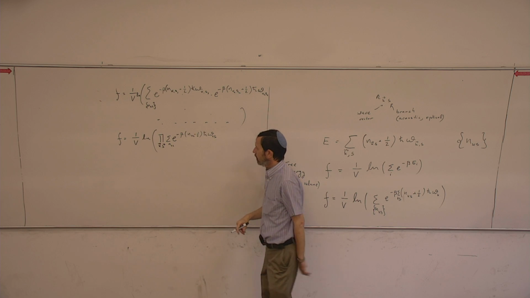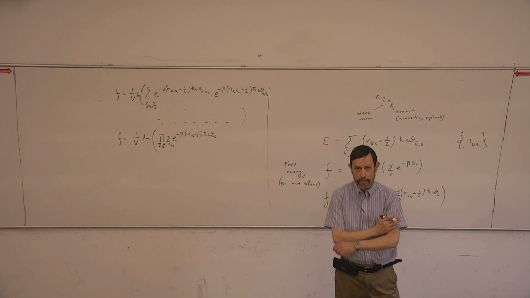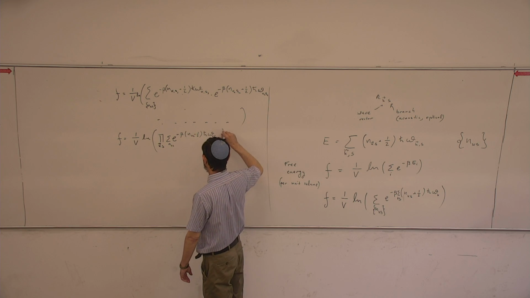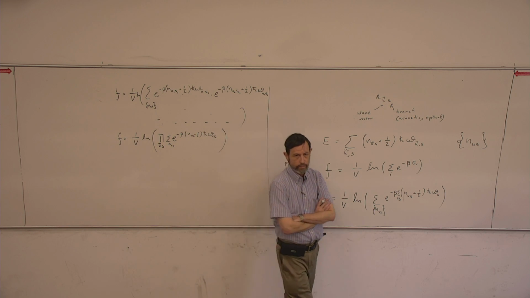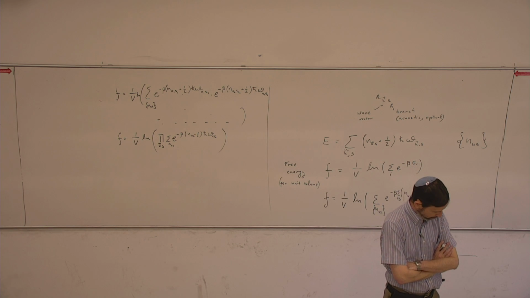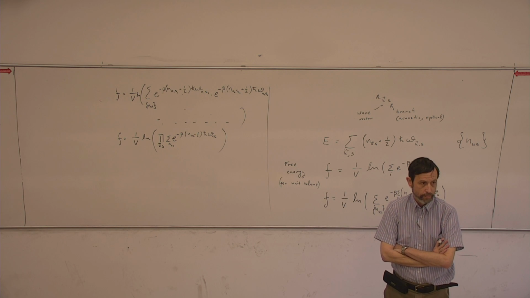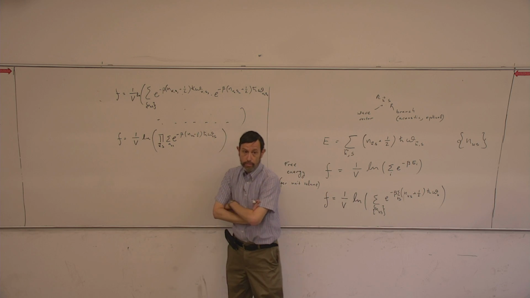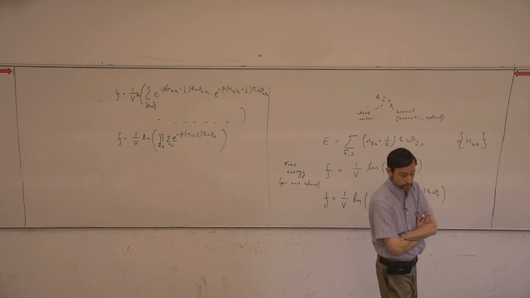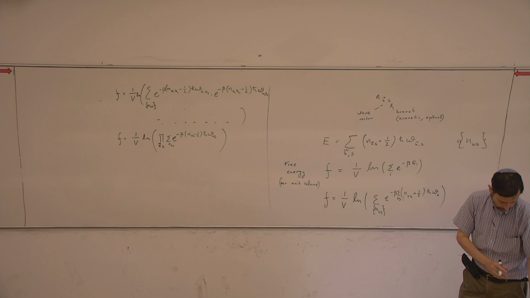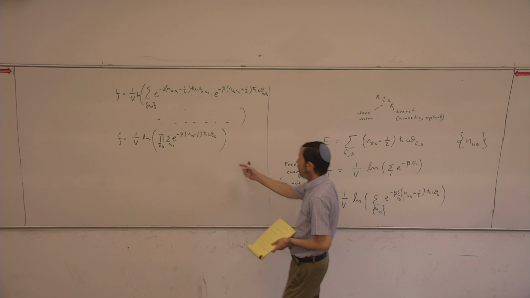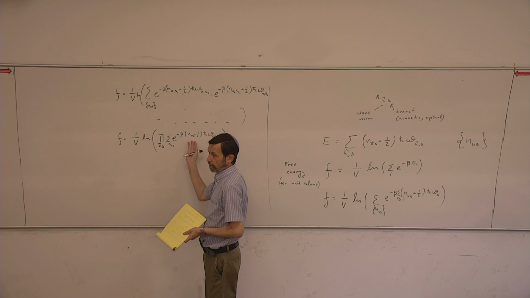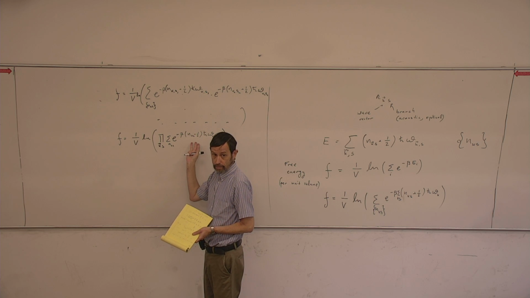Now, Ks is just an index that I run over. And this I know how to perform, because it's just a usual geometric series.